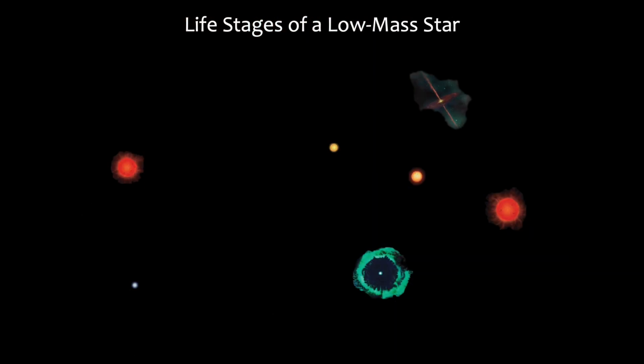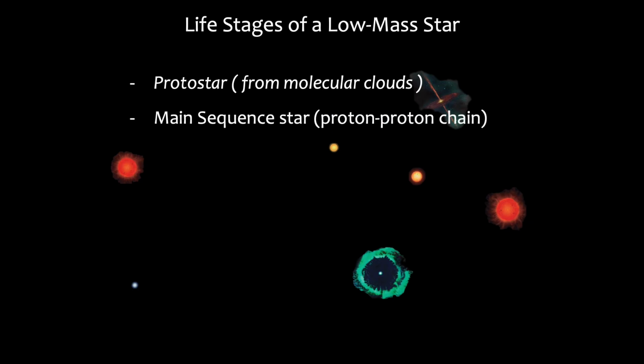Okay, so in summary, here are the life stages of a low mass star. We start out with a protostar, and then the protostar goes into a main sequence star, where the proton chain fuses hydrogen into helium.